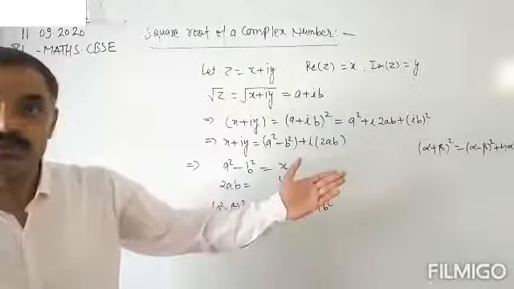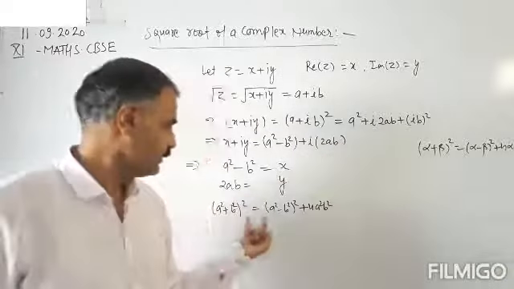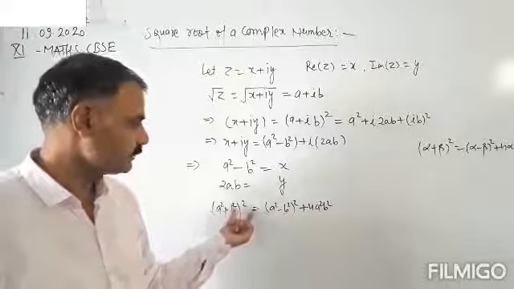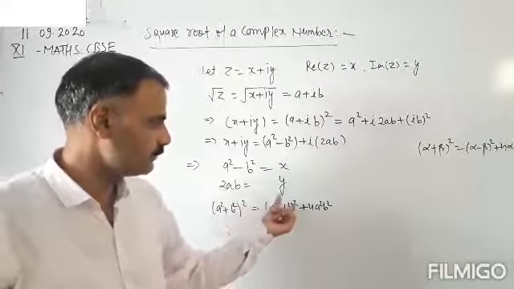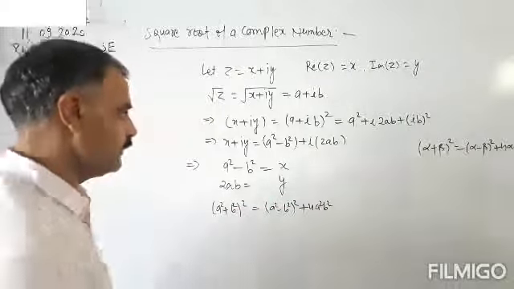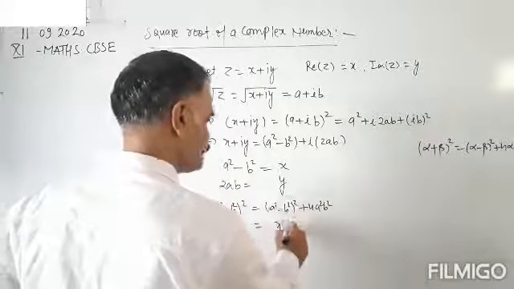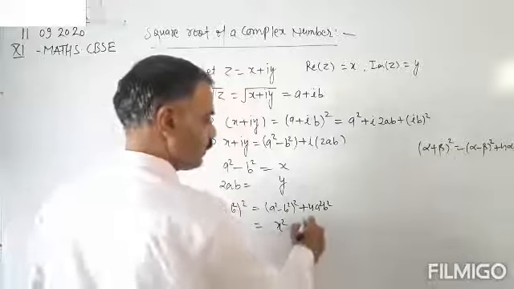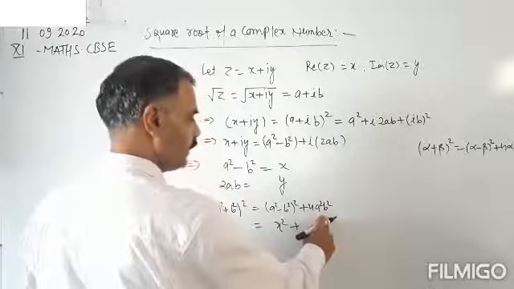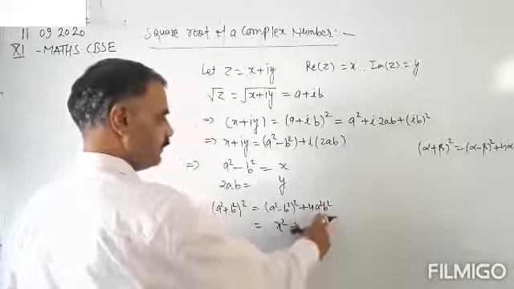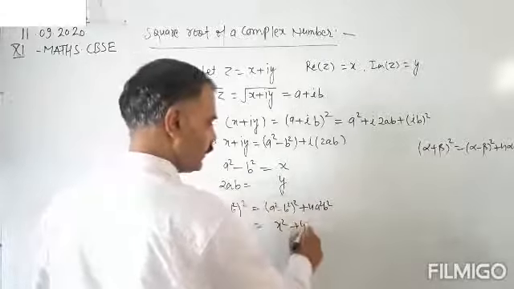So using that identity here, this equals a square minus b square whole square, which is x square, plus 2ab whole square, which is y square.